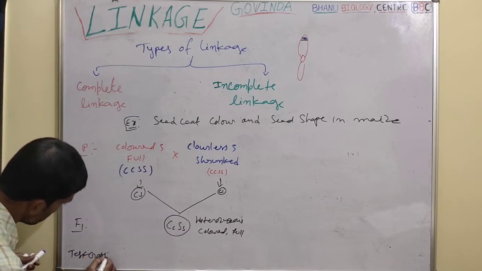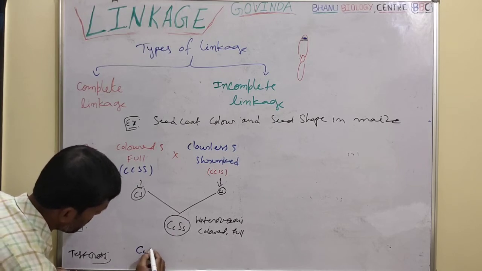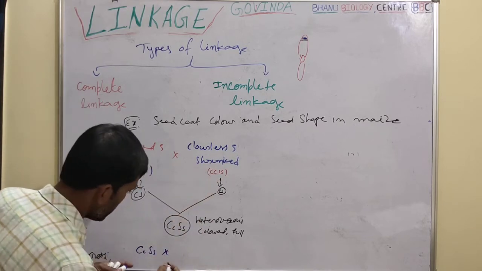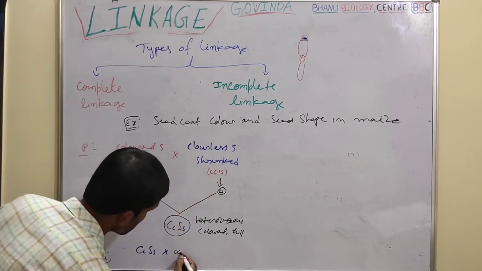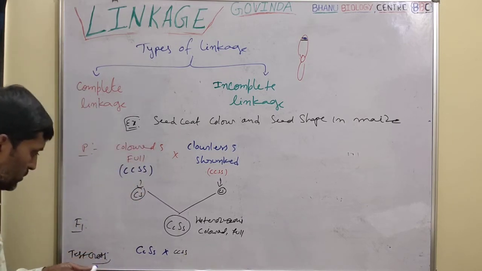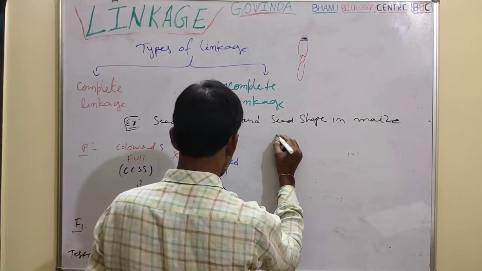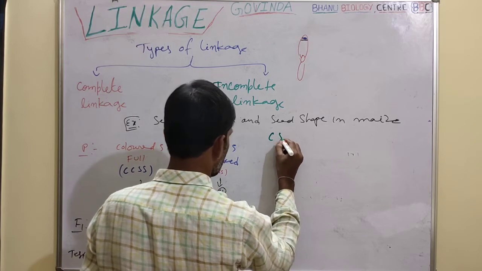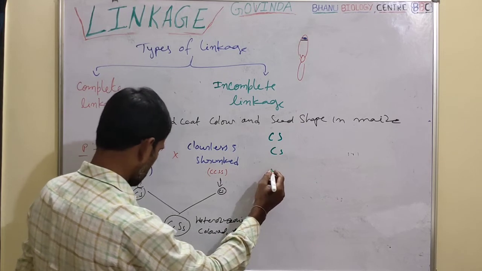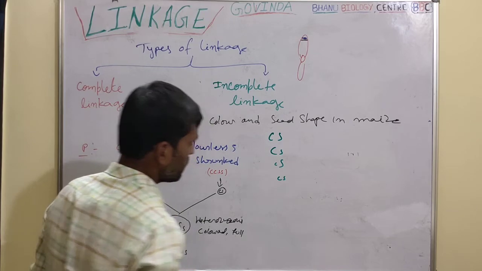Then go for a test cross. Take this F1 hybrid, capital C, small c, capital S, small s, and cross it with the homozygous recessive parent, small c, small s. The gametes produced by this one: one gamete, capital C, capital S; another, capital C, small s; another, small c, capital S; and another, small c, small s.